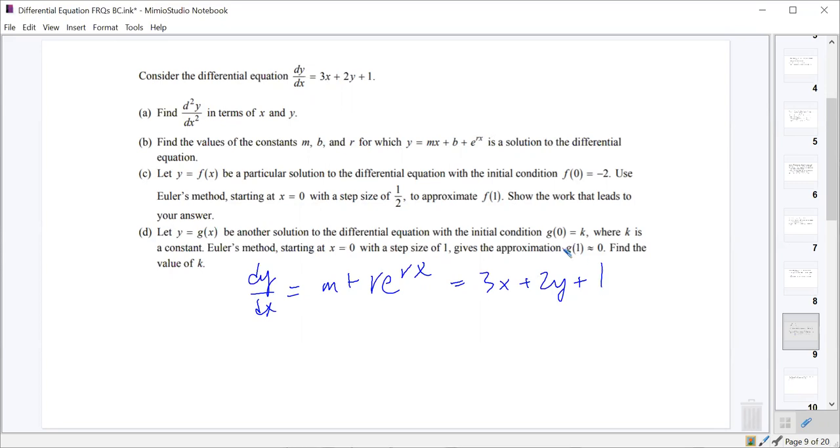And then in order to get rid of that variable y, we're going to go back in and replace all of the y's. As I just have the single y here, we're going to replace that with what y was equal to. So we've got m plus r e to the rx equals 3x plus 2 times mx plus b plus e to the rx, plus 1.